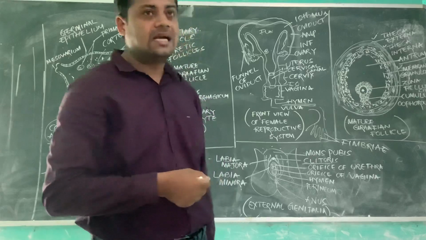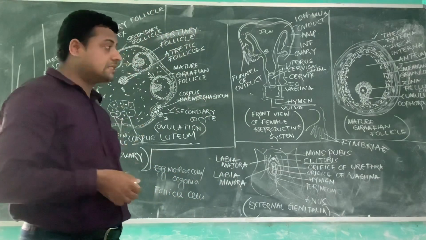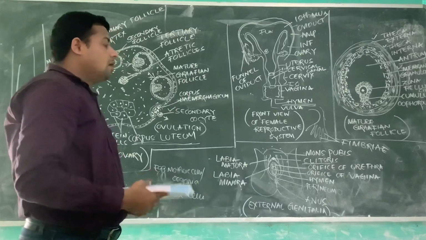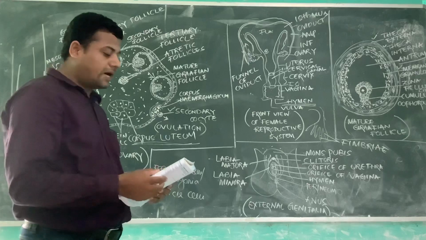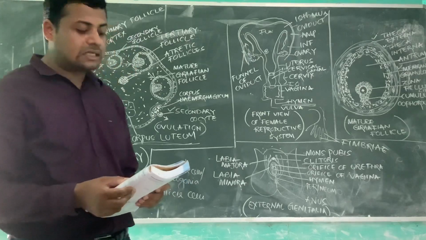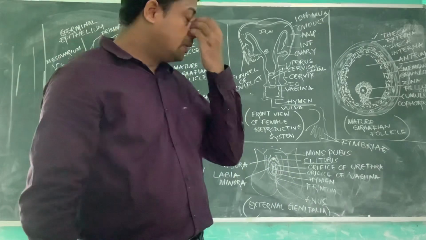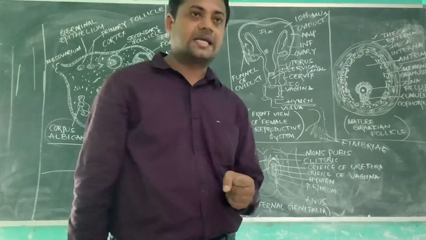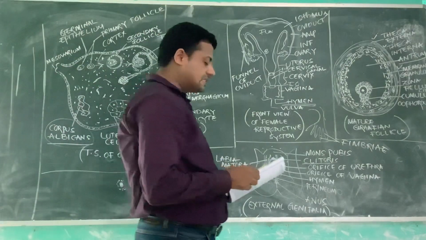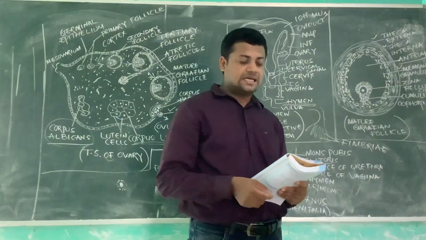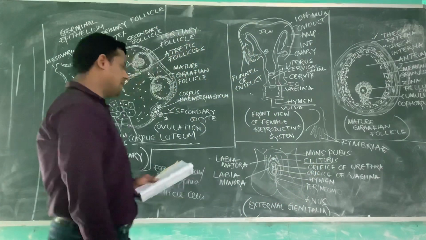The associated glands of the female reproductive system. So, what are the associated glands? Bartholin's glands or greater vestibular glands, and mammary glands or breasts. Bartholin's glands are two bean-shaped glands present on either side of the vaginal orifice.